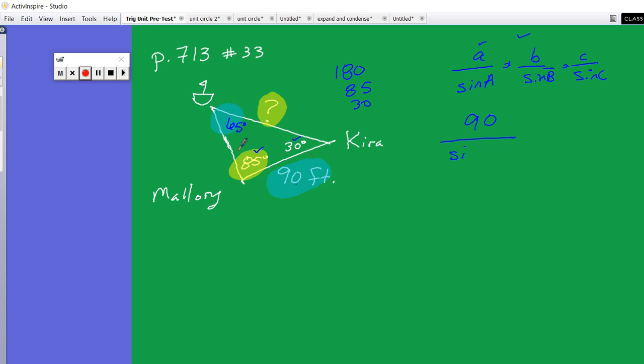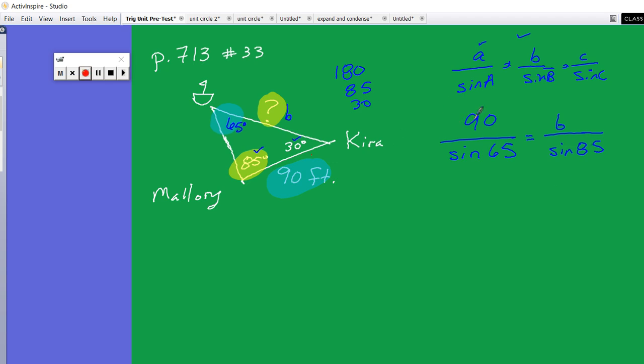That is the angle opposite of the 90 feet. So I have 90 over sine of 65 equals little b. That's the part I don't know. I don't know little b, the side b. So I put little b over the sine of its opposite angle, sine of 85. The opposite of side b is the 85 degrees. So I set it up.